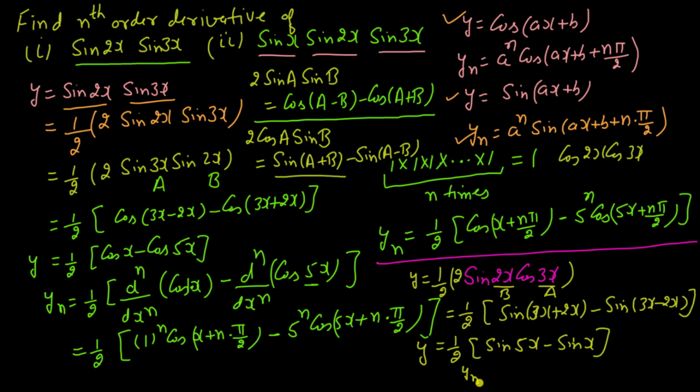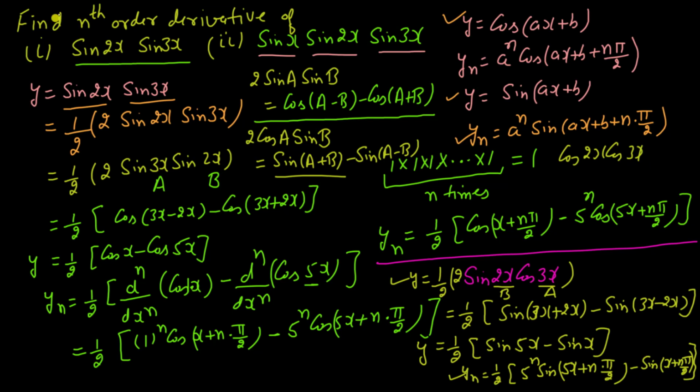You can easily write yn is equal to 5 raised to the power n, coefficient of x, sine 5x plus n pi by 2, minus 1 raised to the power n times 1 sine x plus n pi by 2. So this is the nth order derivative of this function. Similarly, you can also calculate cos 2x cos 3x. This will be very easy.